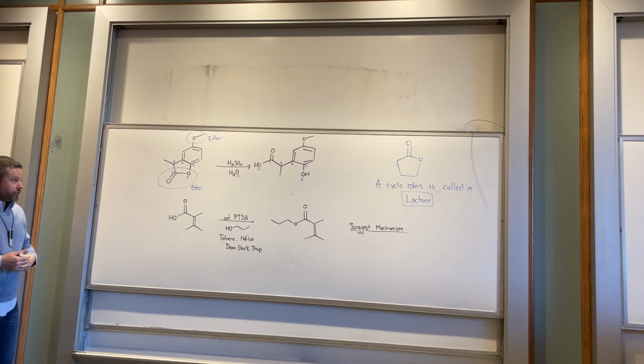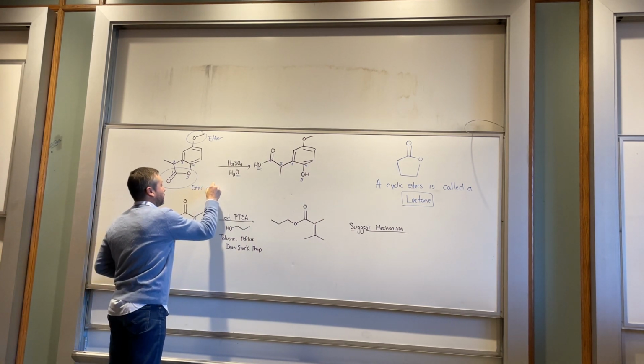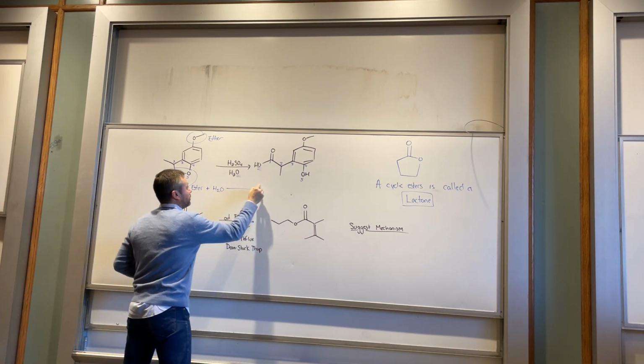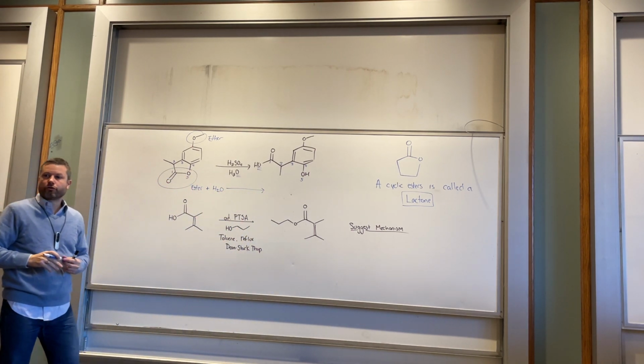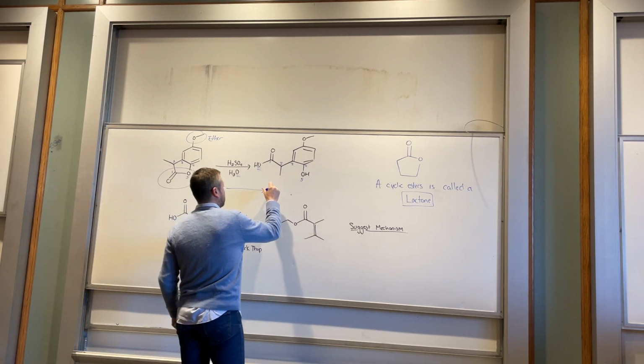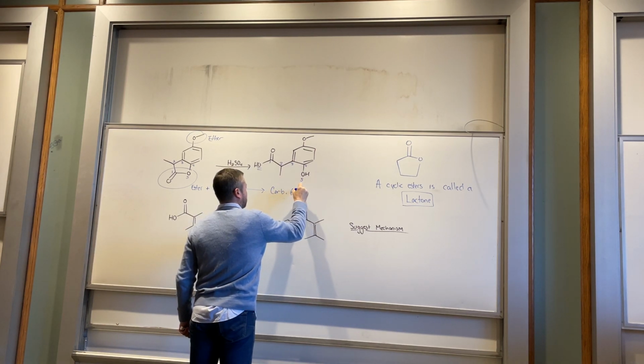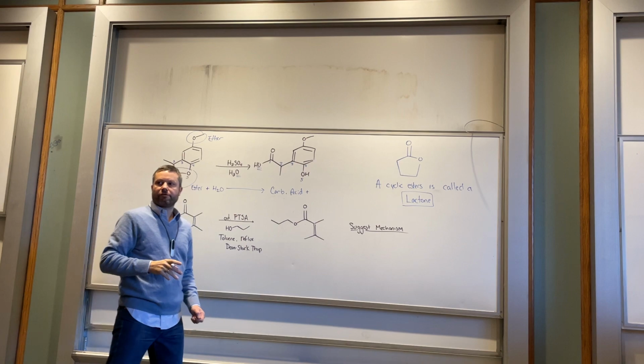If you look at what we're doing up here, we're taking an ester and adding water. What functional groups are we making in the product? The carboxylic acid. What other functional group is being made?